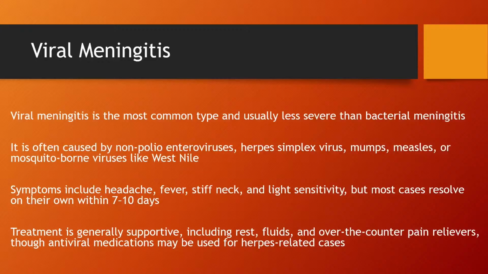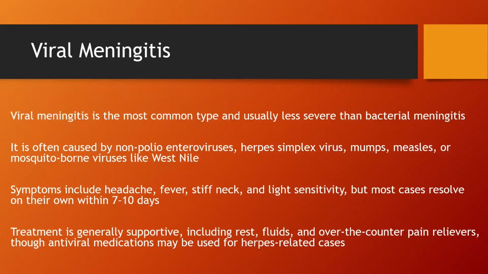for herpes-related cases. So this is telling us that, for the most part, many of the strains of meningitis, especially those caused by viruses, don't have any specific vaccine that can produce a cure.